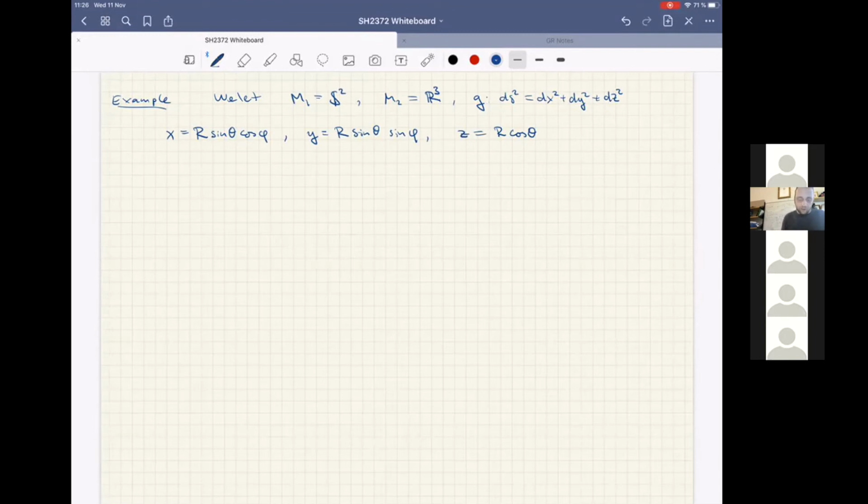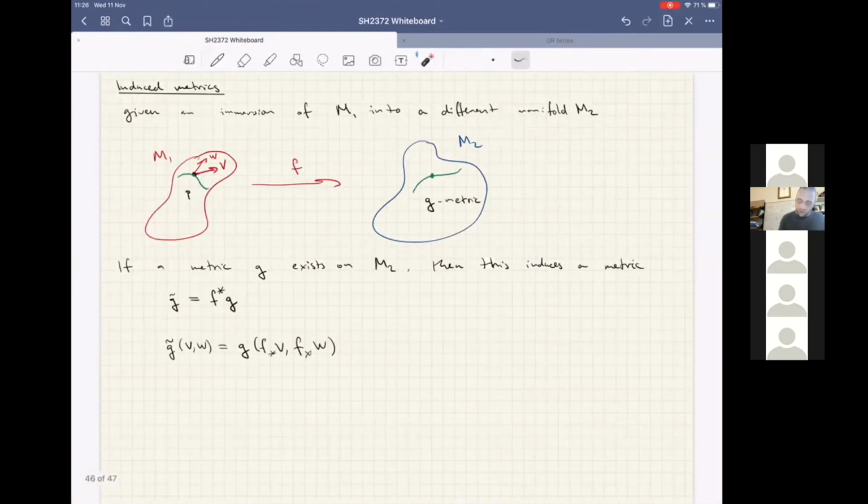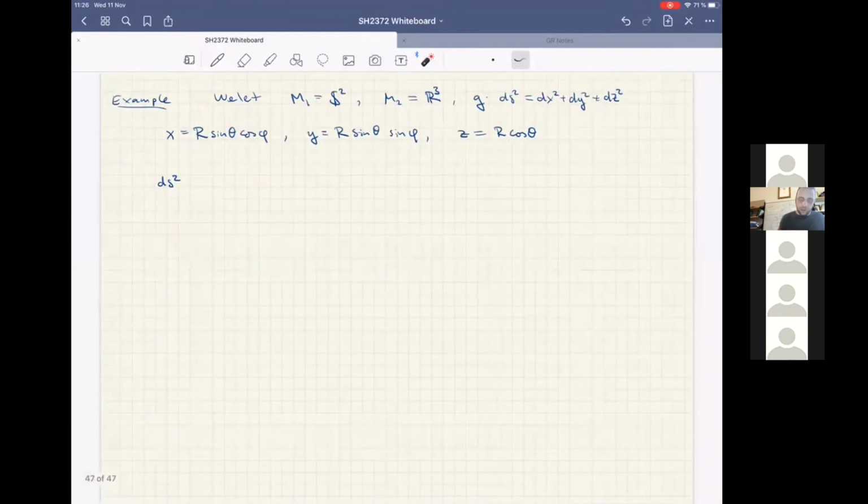So the easy way of doing this is just to take the same ds. As I said, we're going to use the length of the induced curve here to express the length of the curve on the sphere. So this is going to be this very same thing, dx squared plus dy squared plus dz squared. But now we know what x, y, and z are in terms of the coordinates on the sphere, which are phi and theta.